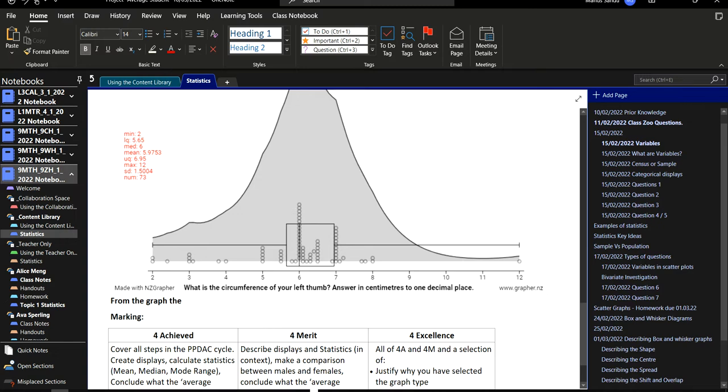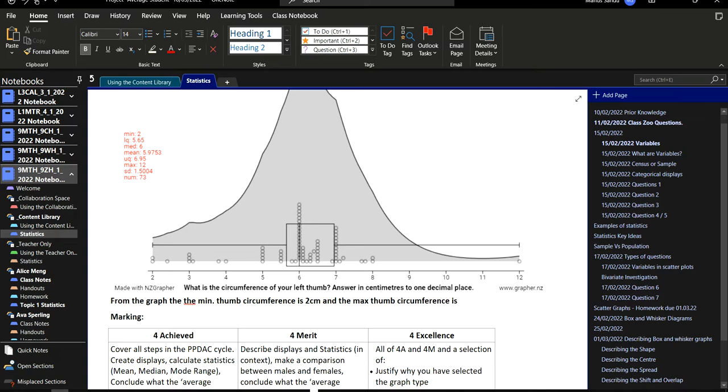That the minimum thumb circumference is what? 2 centimeters. Yes, and the max is what? Is 12 centimeters.